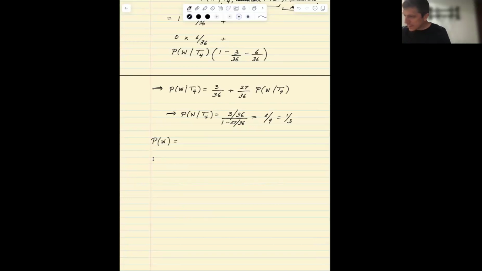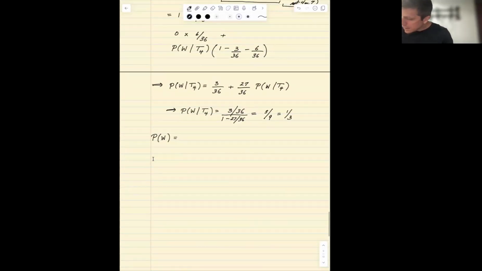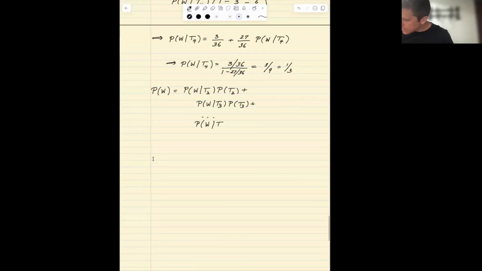It's the probability that we win given T2 times the probability of T2, plus the probability that we win given T3 times the probability of T3, etc., up to the probability that we win given T12 times the probability of T12.